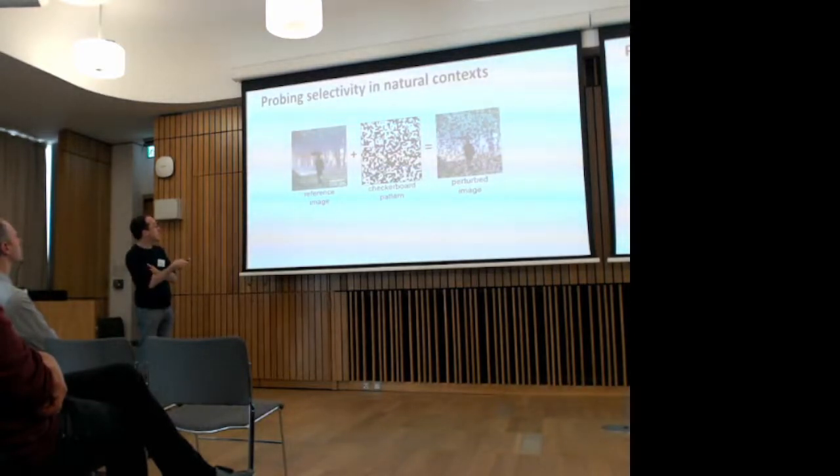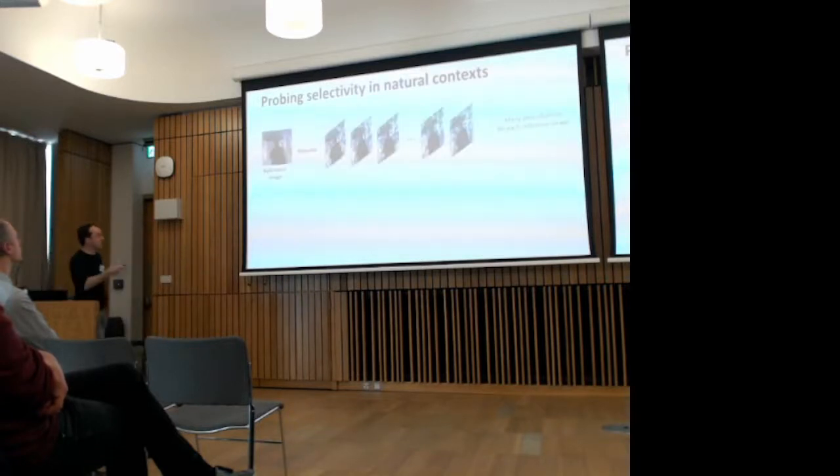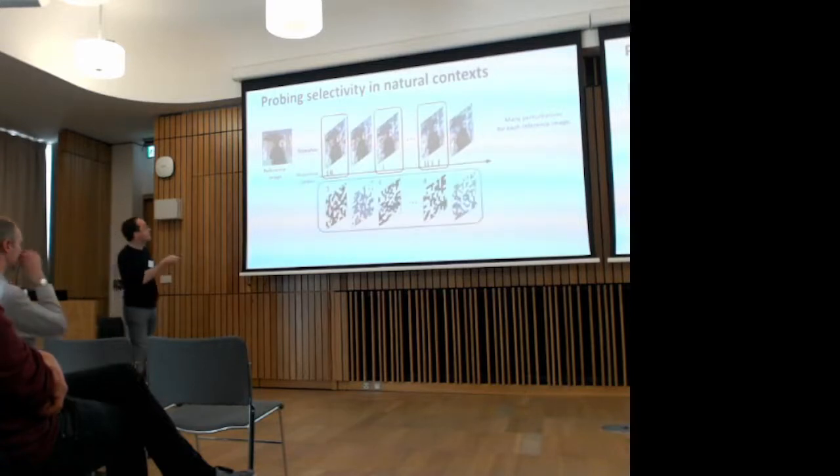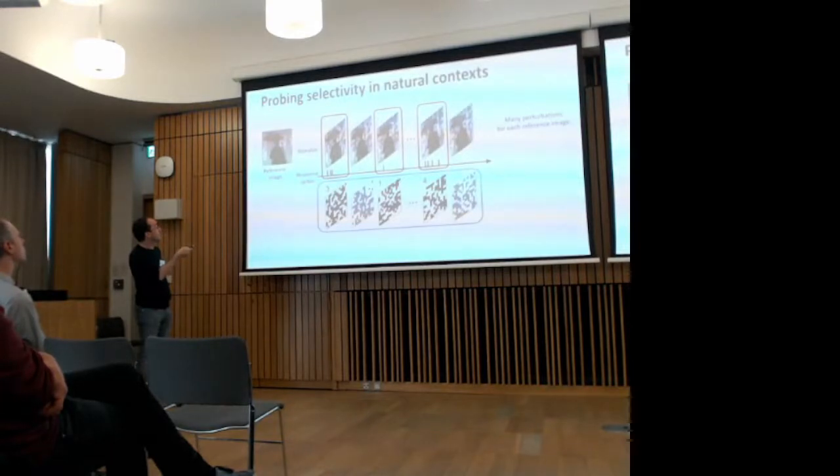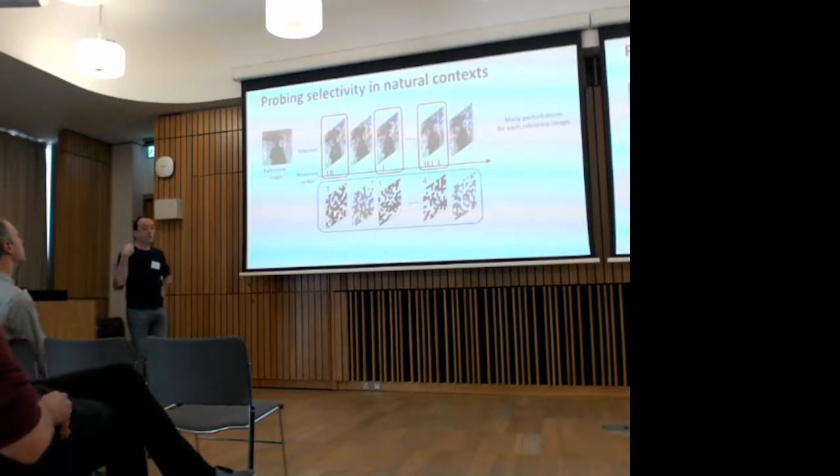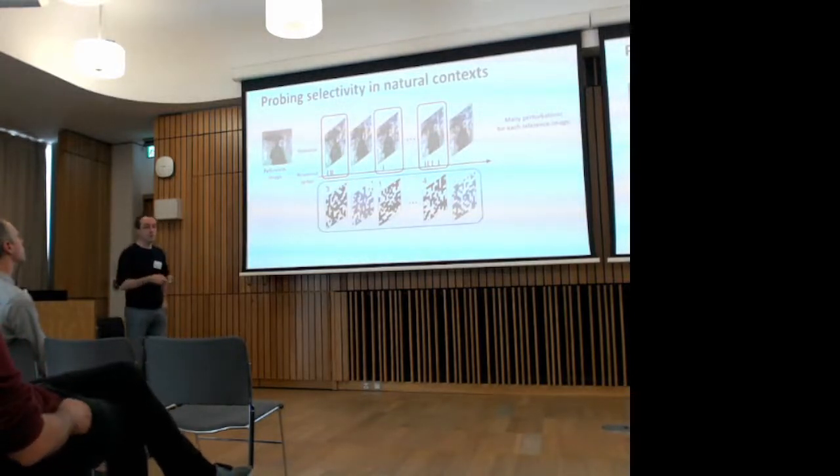So we start from the reference image and we obtain a perturbed image here. And then in the experiment, we do that for many different perturbations, always for the same reference image. So you have many different versions of the same perturbed image. And now we record the response of one neuron, or actually many neurons, but let's say one neuron here, to these perturbed images, and we see that some perturbations are better than others at increasing the firing rate of these ganglion cells.